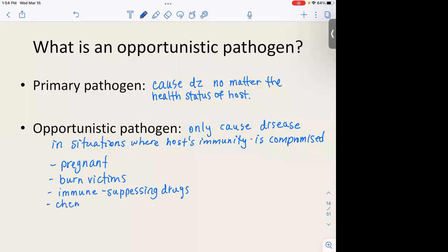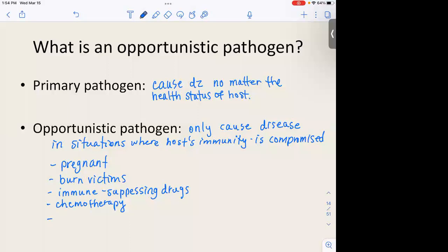Same thing, chemotherapy treatment for maybe cancer. In addition, sometimes an opportunistic pathogen is not always something that we encounter. It might be an organism that's already in our body, and our health status changes, and suddenly that organism is overgrowing a little bit.